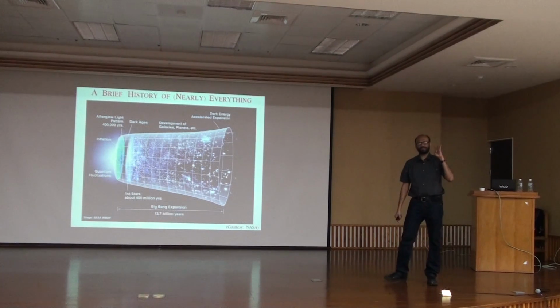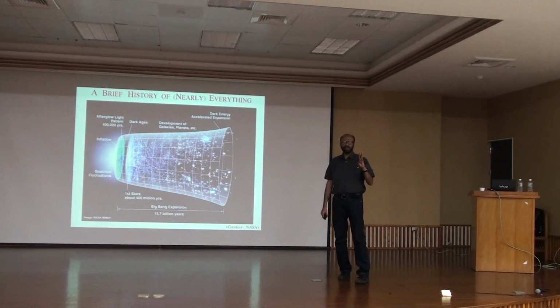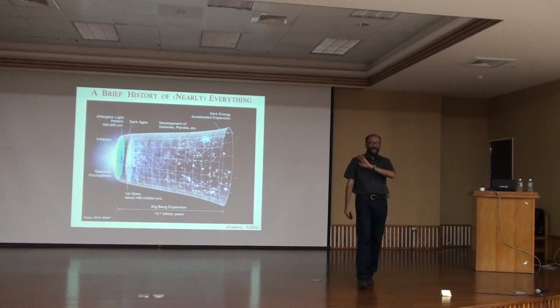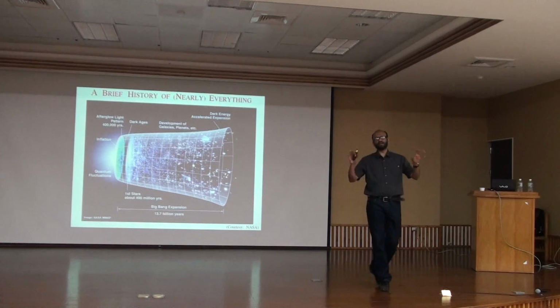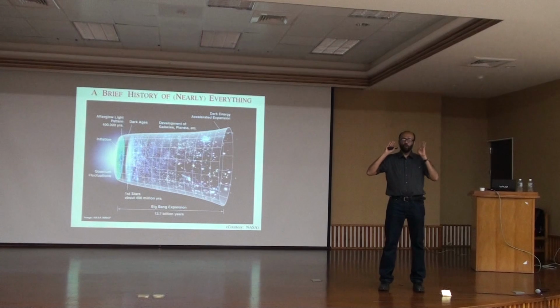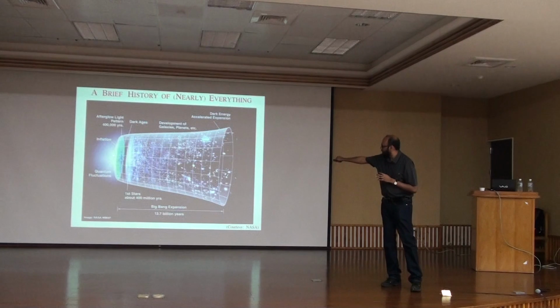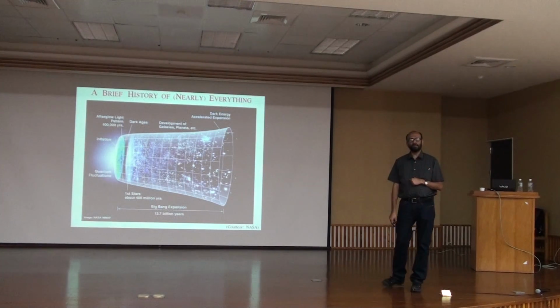There are 4 elements that are produced in Big Bang nucleosynthesis. There's no carbon that's produced. There's no iron that's produced. Carbon, iron, zinc are all produced in stars. The only 4 elements which are produced after the Big Bang are deuterium, helium-3, helium-4, and lithium. And that happens somewhere over here, this white period, about a few minutes after the Big Bang.